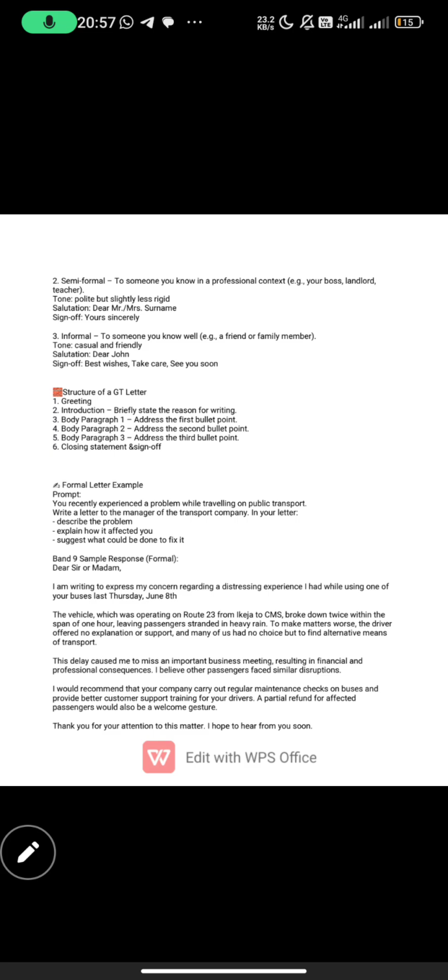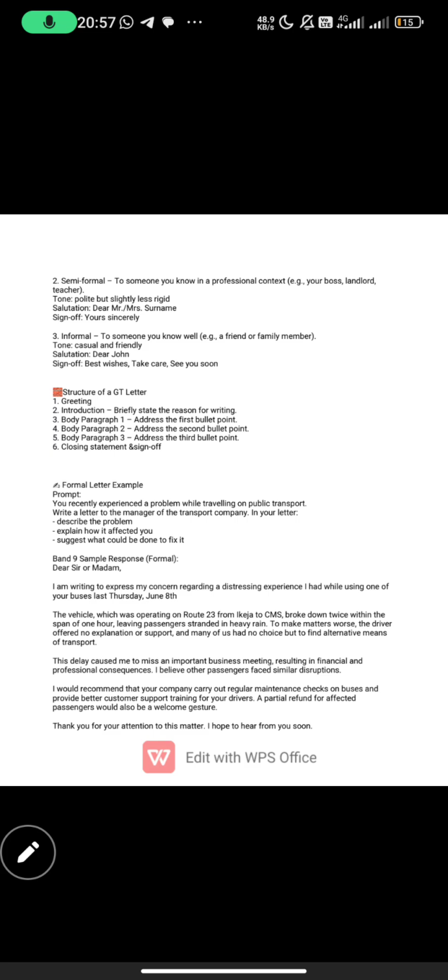Please make sure you're linking these things with transitions: firstly, secondly, thirdly, initially, following this, I experienced. So make sure you're linking. It's very much in sync, structurally arranged, so that you can build from the first to the last, and it's comprehensive and understandable.